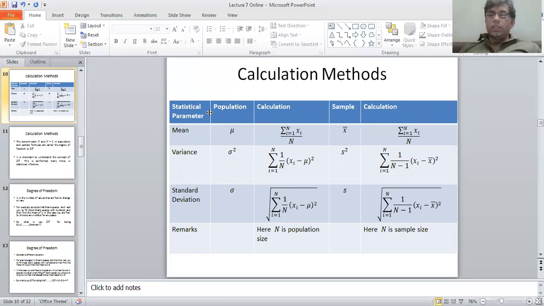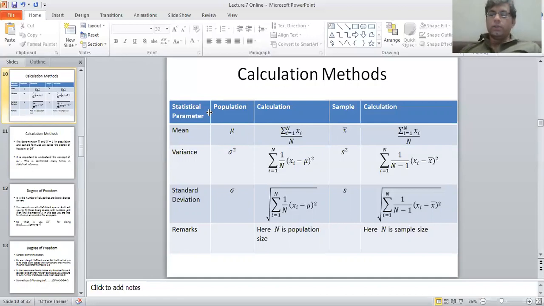So the rule is this, that in order to find the degree of freedom for a statistical parameter, it is equal to the total number of data set size minus the number of estimates that are required to find it. Since in order to calculate the variance estimate, we need one more estimate to do this calculation, which is the sample mean.